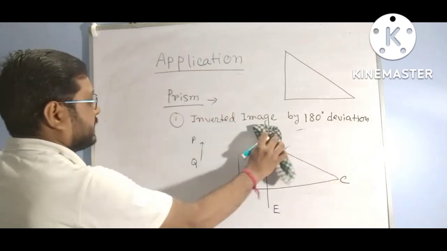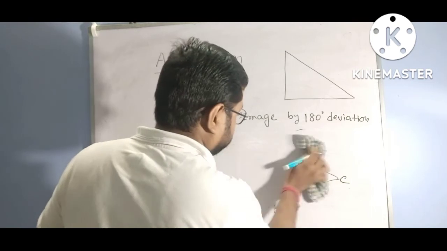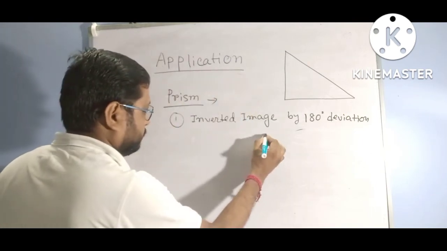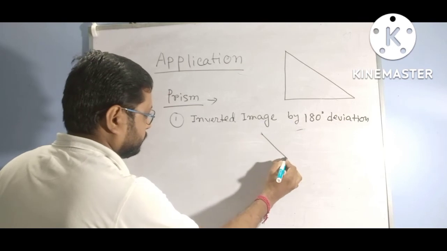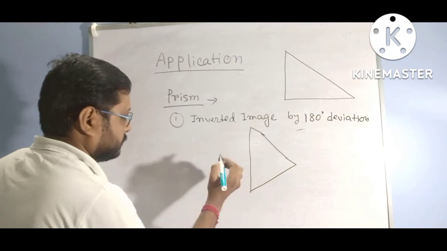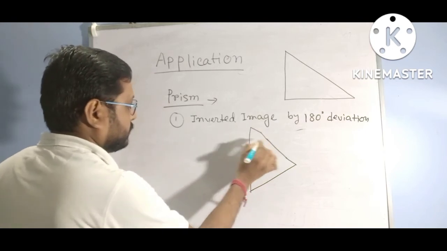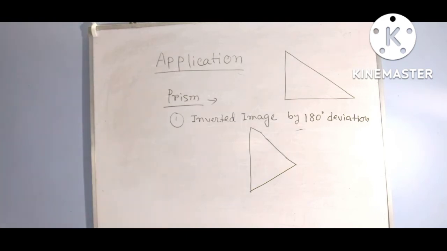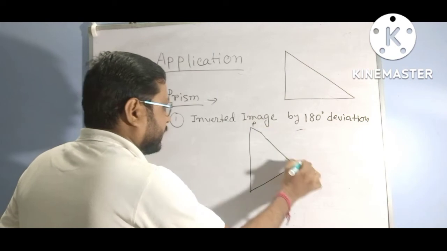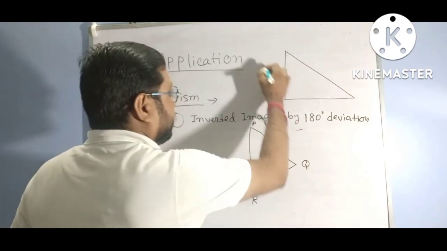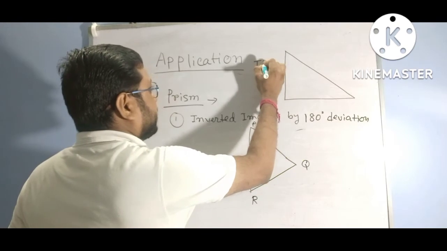What is the picture? This is a picture of PQR, an isosceles right angle or total reflecting prism.